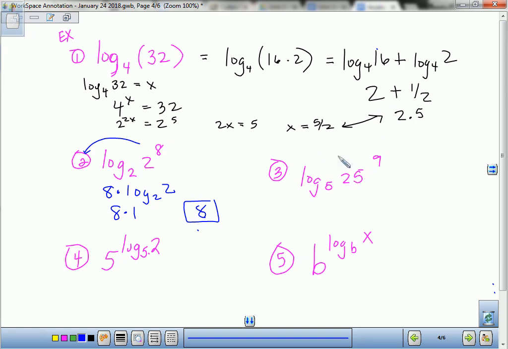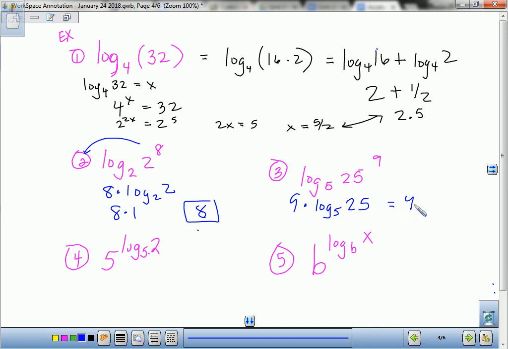Okay. Number 3. So log base 5 of 25 to the 9th. What can we do with the 9? Put it over to the front. It can come out in front. Is this easy to simplify? Yeah. What's the power? 2. 5 squared is 25.